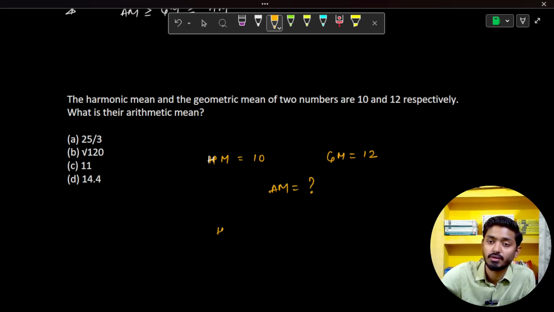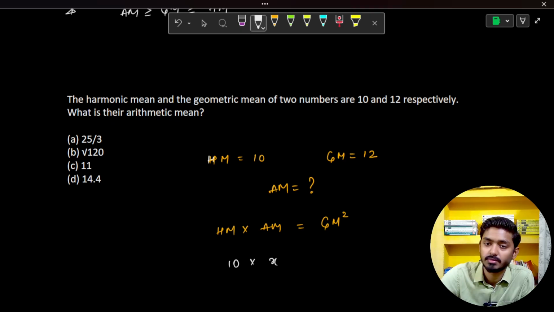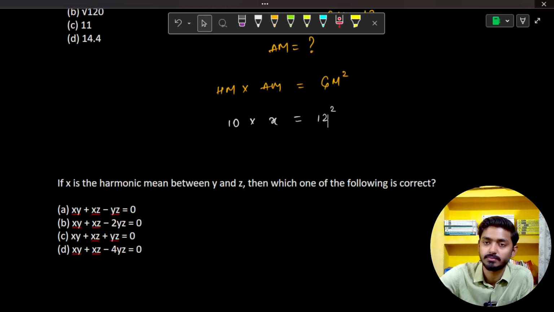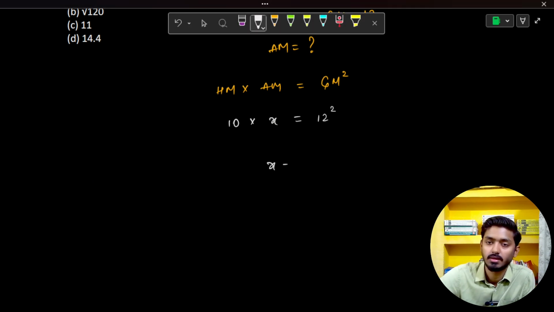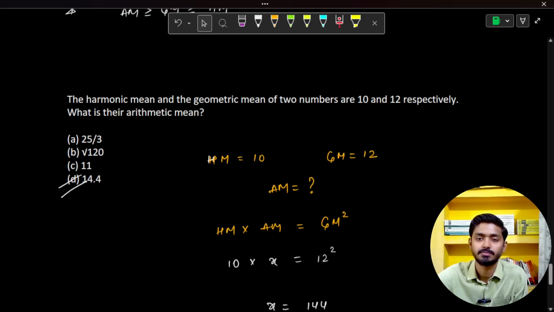The formula is very clear: hm multiplied by am equals gm squared. hm is 10, am we don't know, but the value for gm is 12, 12 squared. That would be 144 by 10, that is 14.4. Option D. Simple as that.